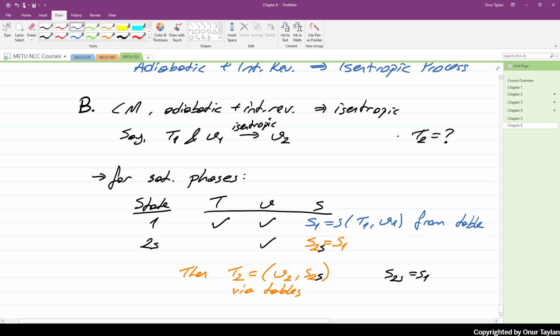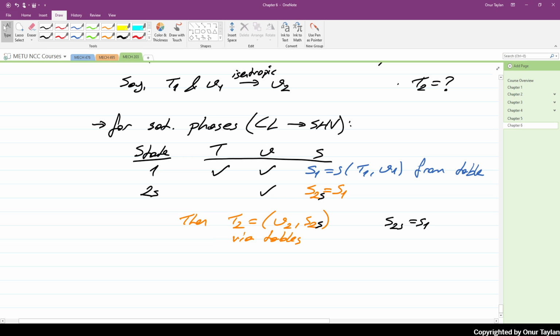This includes not only saturated phases, but also compressed liquid through superheated vapor. So from compressed liquid through superheated vapor, you can use this kind of relation because you have tables or some relations that you can find the entropy from.